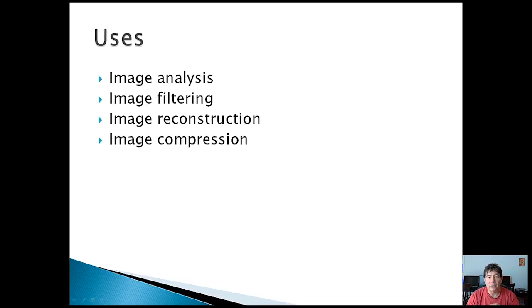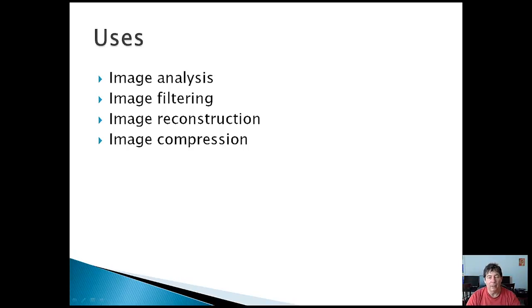So what would you use this for? Well, you would use it for image analysis. Maybe you want to take a look at an image and figure stuff out about it. This might be brightness, or this might be density or something. A lot of what we use it for is image filtering. So you can actually take an image, make an FFT, and then work on that data and then reverse it, and you have a filtered image.